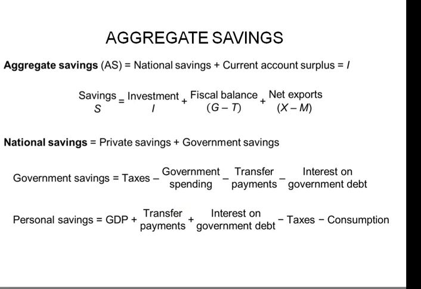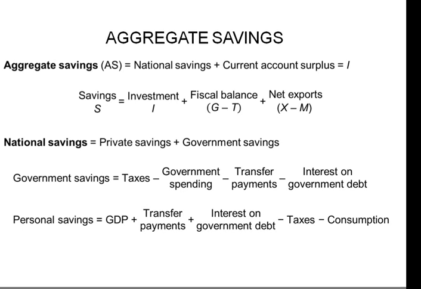Okay. Aggregate savings is equal to national savings plus current account surplus. So total savings are those saved by government as well as privately saved, plus current account surplus. So we have saving is equal to investment plus G minus T plus NX, from the previous slide.